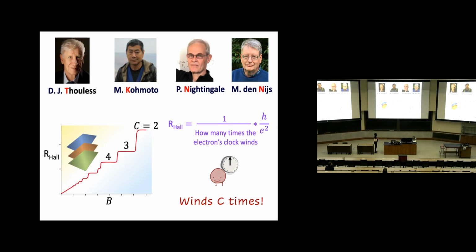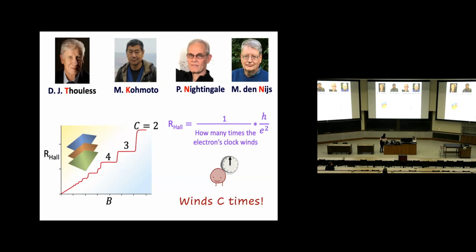So the gist is that what matters is how many times the electron's clock winds. If it winds C times, then, let's put it this way, for electrons at this magnitude of B field, it winds 3 times. For electrons at this strength of B field, it winds 2 times. So that's what it means.